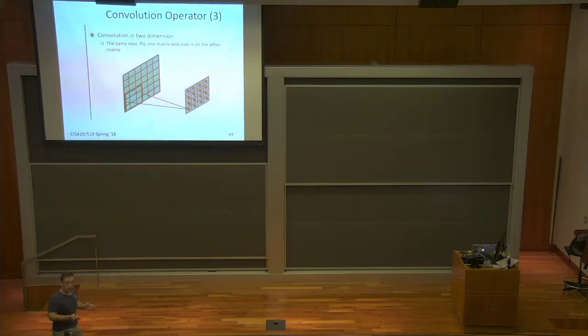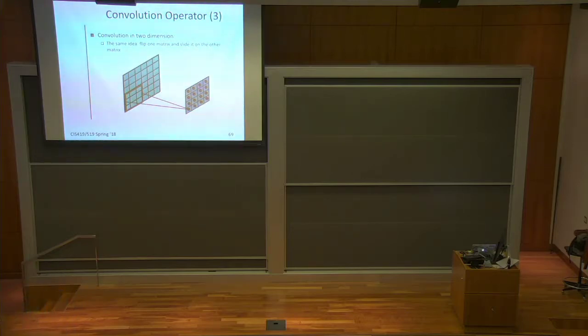What this filter does is extract some form of patterns. It can be a pattern about edges, or about where the curves, the circular parts or the lines are. The filter is something that we are going to learn.